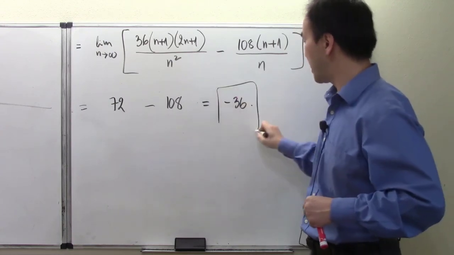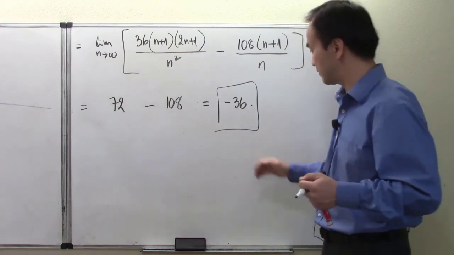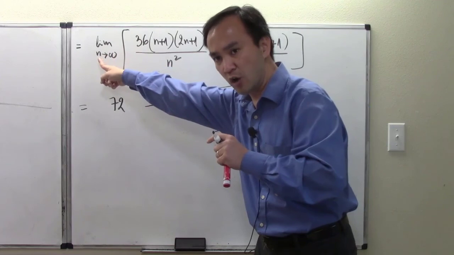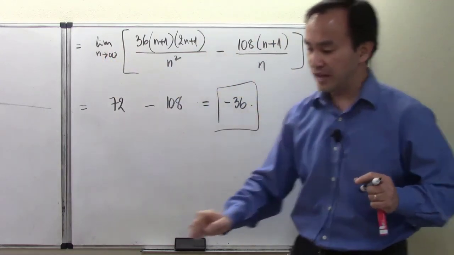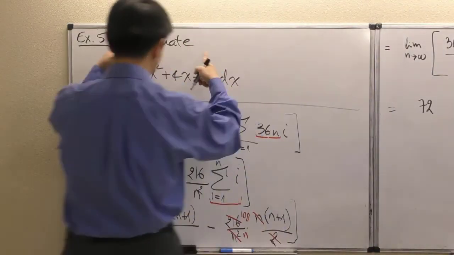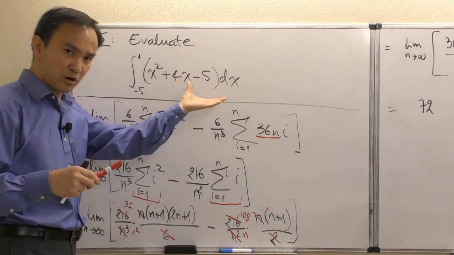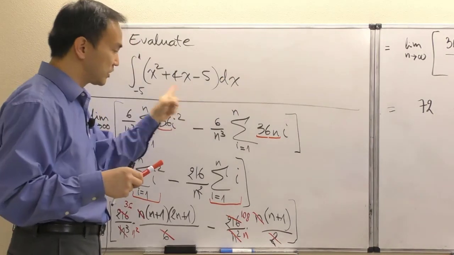This is our final work of the Riemann sum. We spent a lot of algebra steps, but after taking limits as n grows to infinity on our Riemann sum, we came to minus 36. Remember, we purposely set this up as a definite integral problem, but we wanted to evaluate the exact final answer using the Riemann sum.